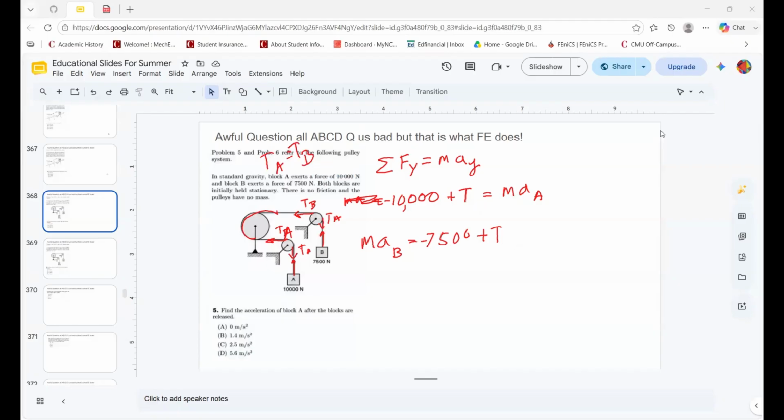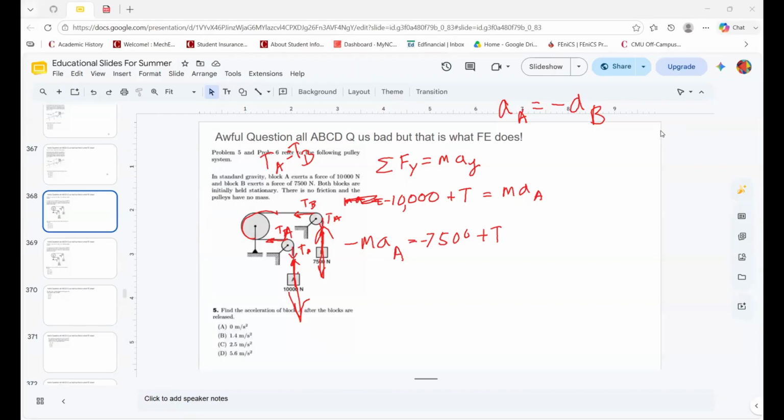But one thing you also need to know is that a_A must equal minus a_B. So we can erase this and do minus a. Because if this goes down, this must go up. The acceleration relation is the same because they're connected in perfect unison, without any friction loss. This is true in ideal cases. We have two unknowns, two equations. Now it's solvable.